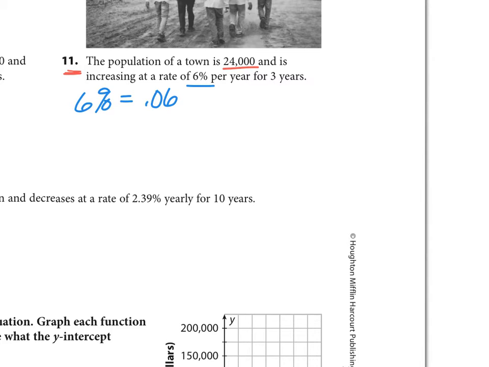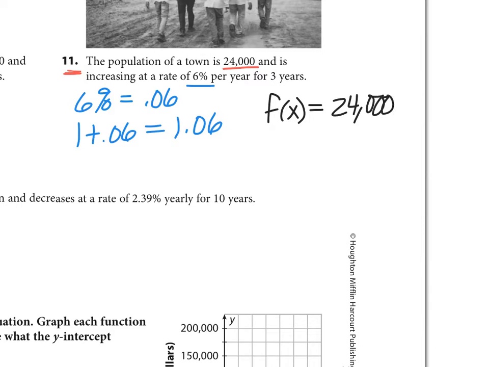So if we're increasing, we said our R or our B, our common ratio must be bigger than 1. So in this case, we're going to add to 1. That's going to be 1.06. So our function becomes, or our equation, depending on how you want to look at it, A, which is 24,000, what we started with, times B, which is 1.06, to the X, which is number of years.